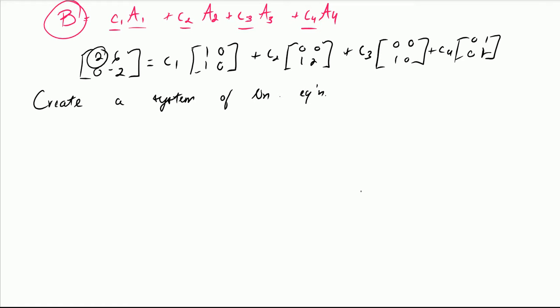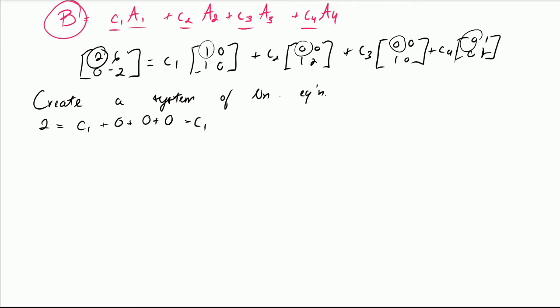So 2 is equal to C1 times 1 plus C2 times 0 plus C3 times 0 plus C4 times 0. So I'll actually just get C1 is equal to 2, because that's just C1.